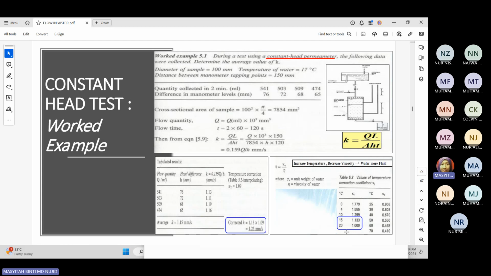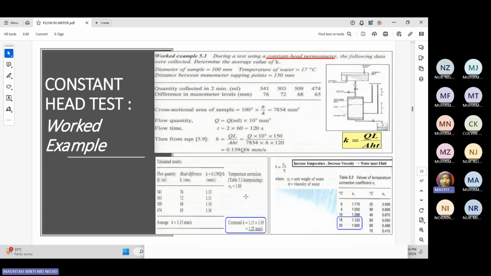Supaya nanti next tutorial class so easy for me dan you pun easy untuk belajar. So dalam this case, after doing the interpolations, it's found that at 17 Celsius, the correct ataupun actual K pada 17 Celsius adalah 1.09, so KT.